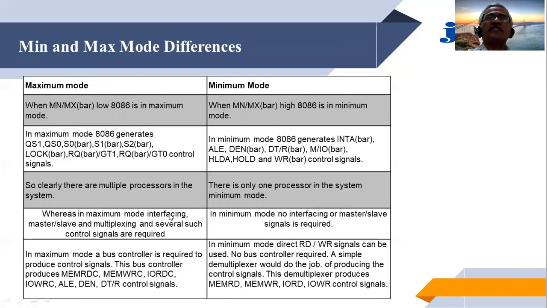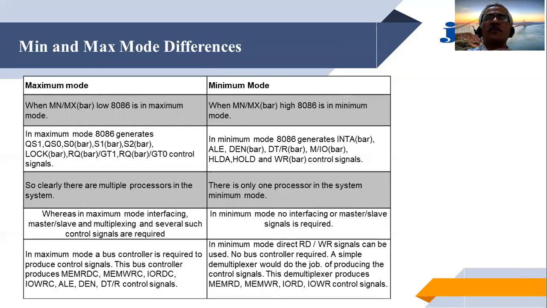In the maximum mode interfacing, the master slave and the multiplexing and several such control signals are required. Whenever you operate in a multi-processor environment, it is not that all the processors will have the same rights. So in those cases, the system may operate in a master-slave process or in a multiplexing.